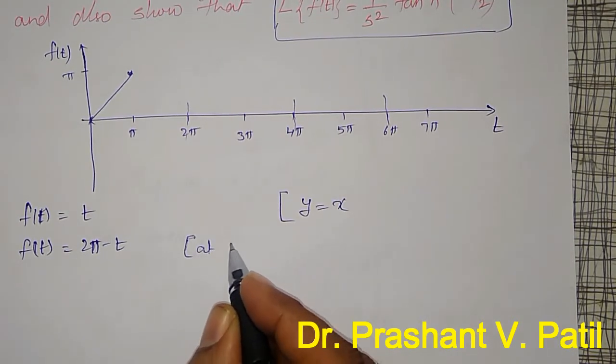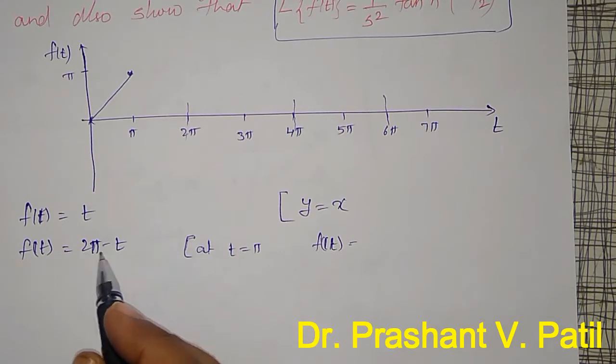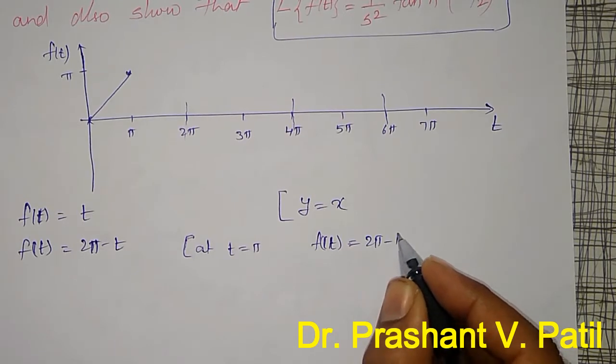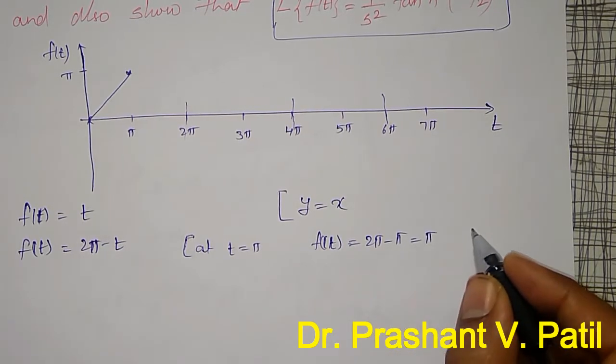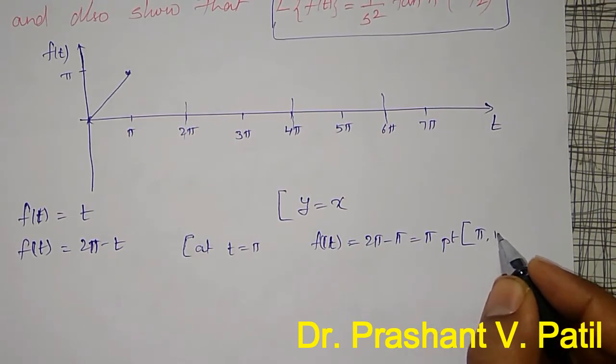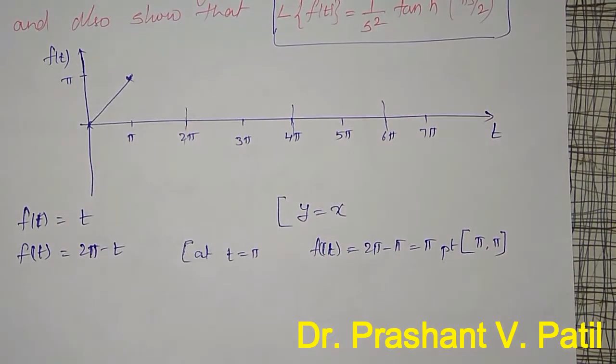At t equal to pi, f of t becomes 2 pi minus pi, that is equal to pi. Therefore my point is pi comma pi, the same point as before.